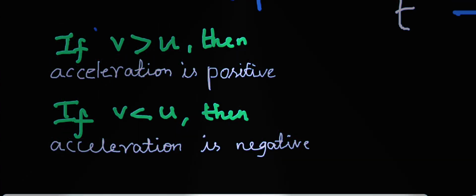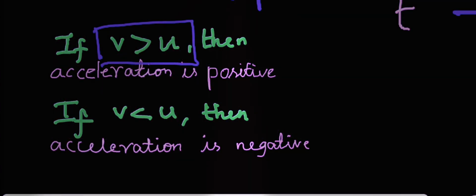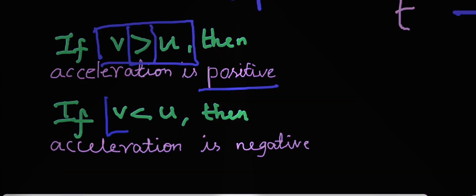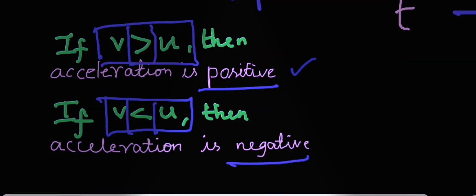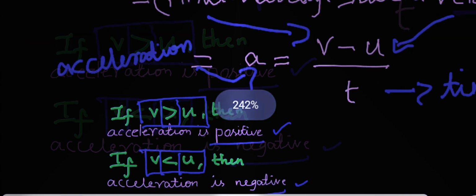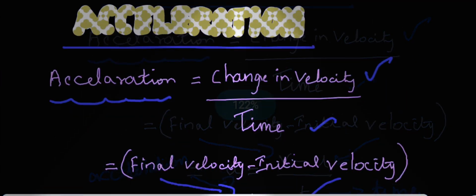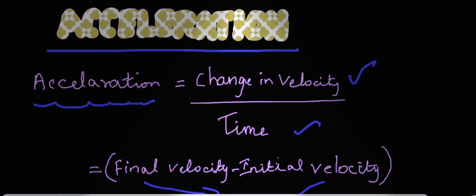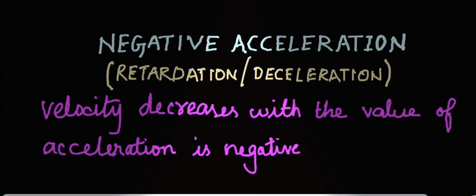We have positive acceleration and negative acceleration. When v is greater than u, where v is final velocity and u is initial velocity, acceleration is positive. When v is less than u, you will get negative acceleration. What is negative acceleration?